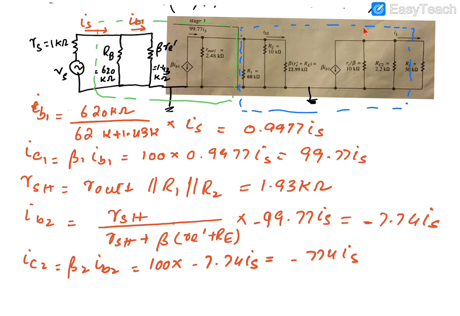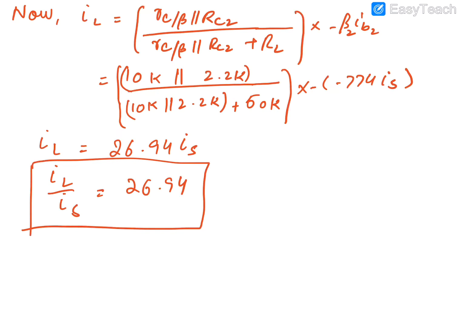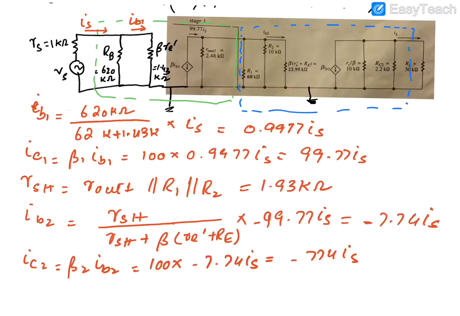So now again this current will be divided in these three branches, and now we have to find the value of IL. So IL will be equal to the parallel combination of these two branches divided by RL plus the parallel combination of these two branches.